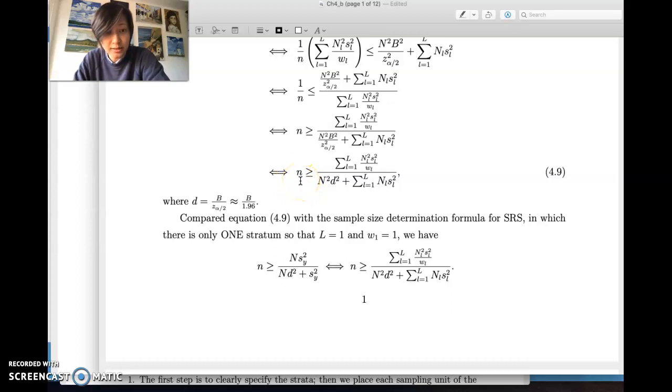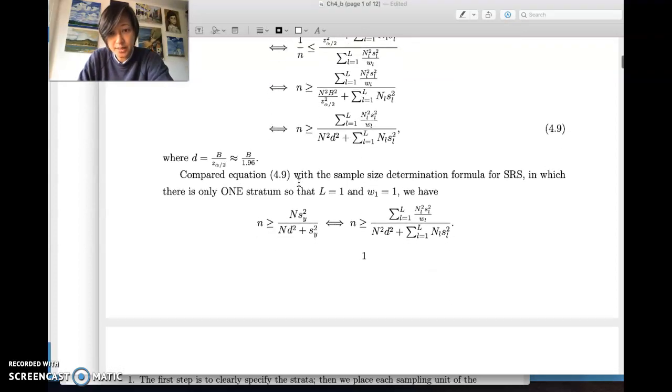Secondly, it depends on the bound of error. Because it is in the denominator, the smaller the bound of error, the larger the sample size. If we can only accept a smaller bound of error, because we want to be more precise, then the sample size needs to be increased. It's very similar to how we did it in simple random sampling.